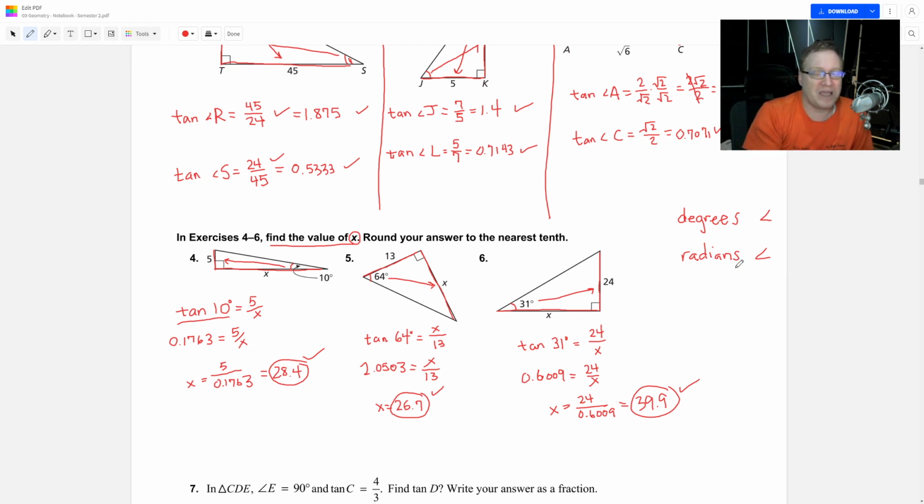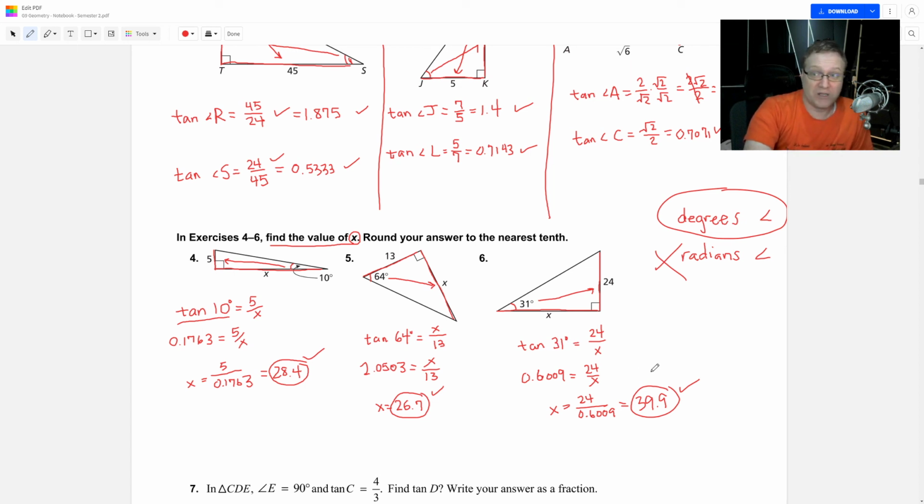So you need to make sure, and every calculator is different, so I can't help you right now. I can't tell you what to do, but you need to make sure your calculator is in degrees, not radians, all right? Because if your calculator is set to radians, then when you do tangent 31 and hit enter, it's going to give you the wrong answer.